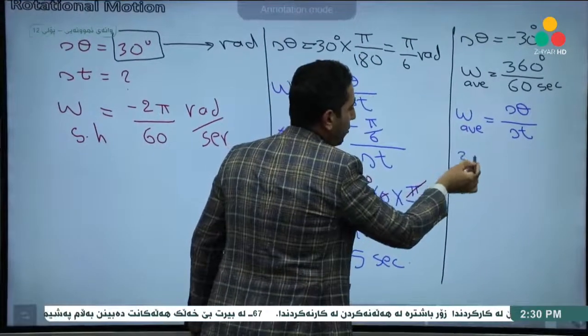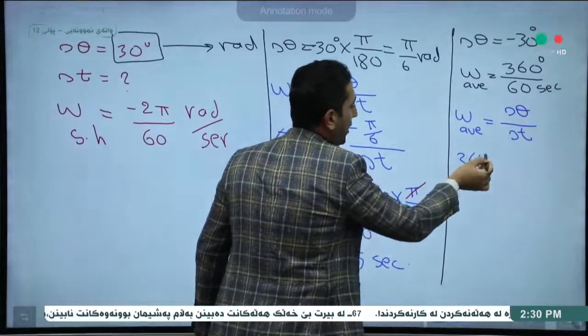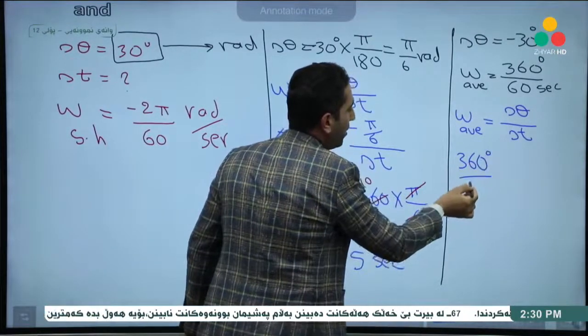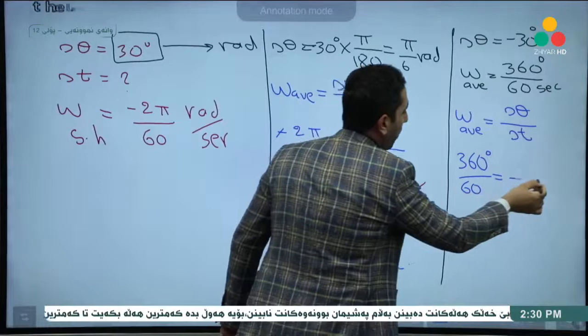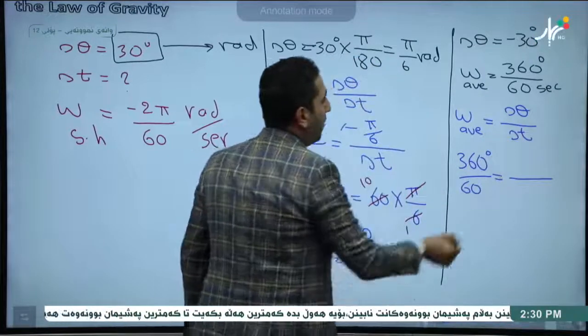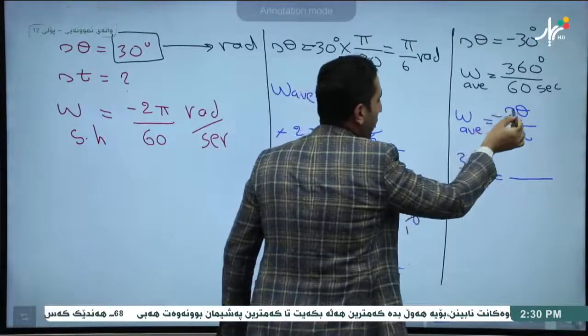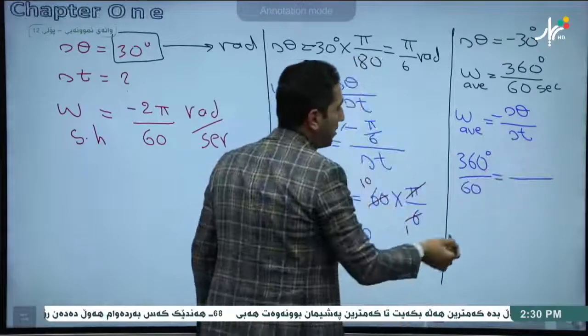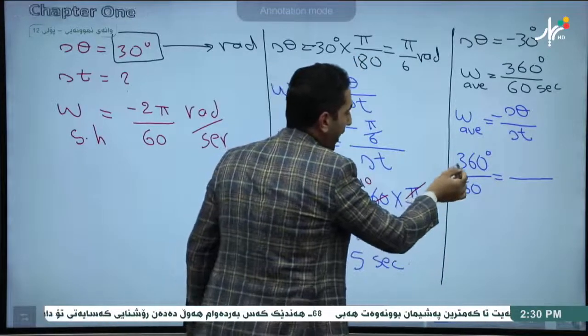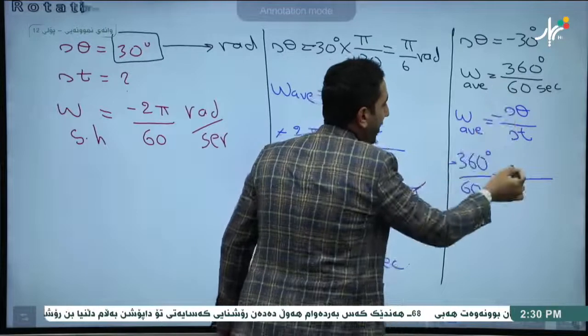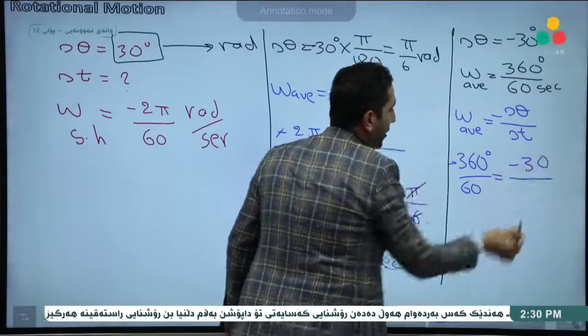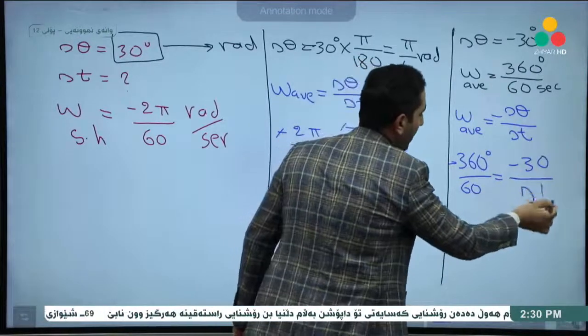Omega average is equal to 360 degrees over 60, and delta theta is negative 30, negative because of the clockwise direction, over delta t.